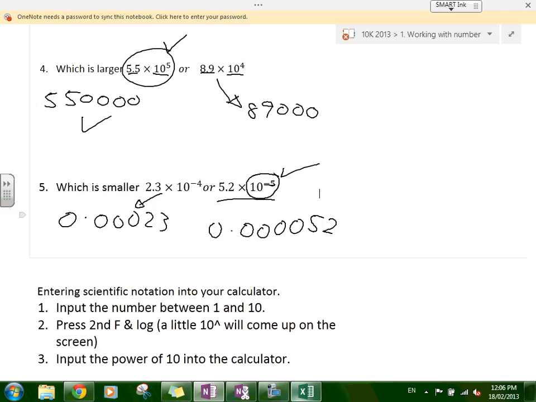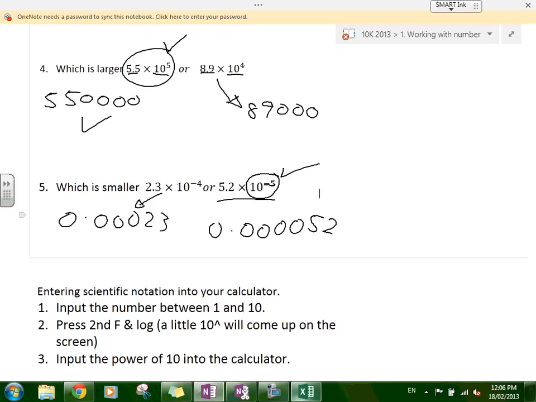It's sort of second row of the function keys, second one from the right. It says log. Now, above it in yellow, it says 10 to the power of x. Do you see that? So that's our scientific notation button.